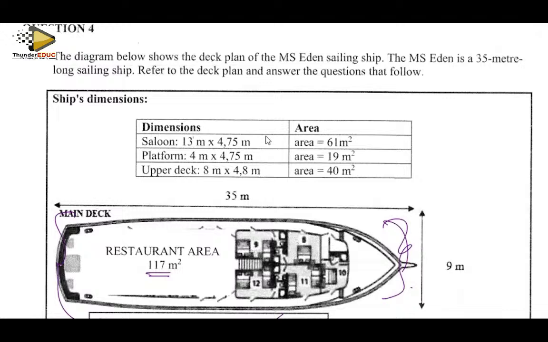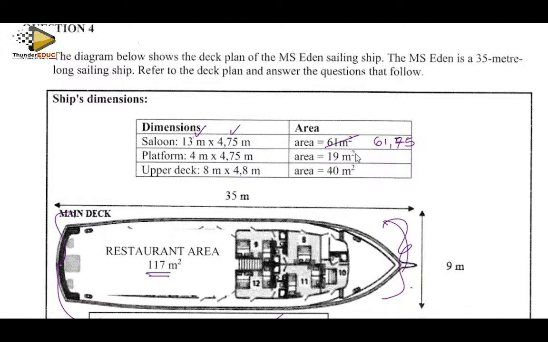When you pick your calculator and multiply 13 times 4.7, we have 61.75. So this, the area of the saloon, is the first error.